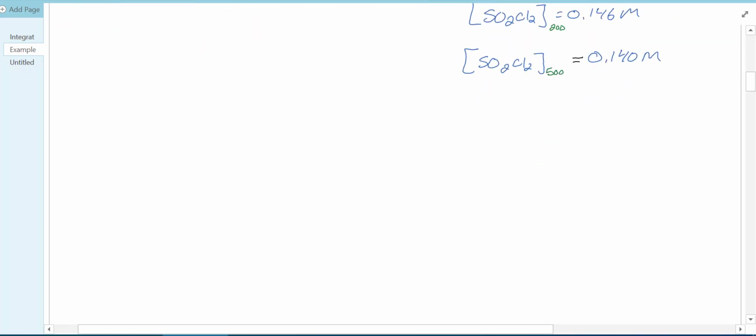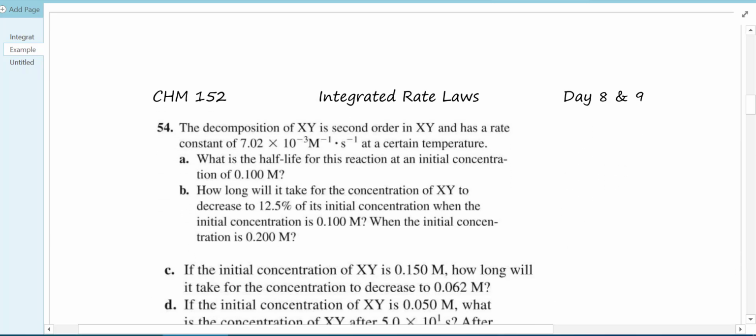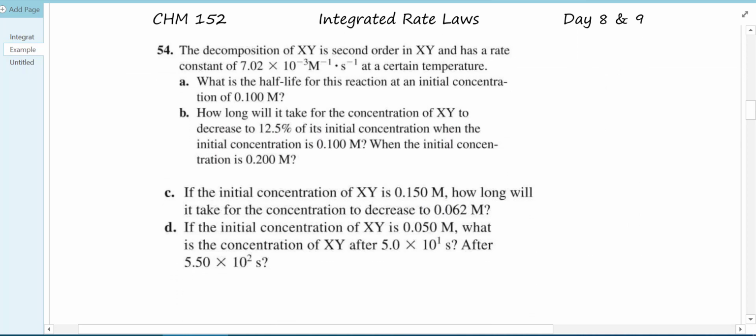All right, the next example is of XY, and it's second order. So right away, I would write down, because we've got second order, 1 over the concentration of XY at time t equals kt plus 1 over the original concentration of XY at time 0.